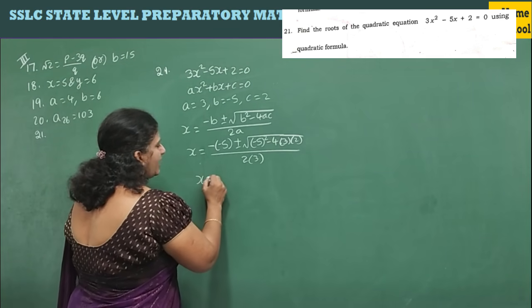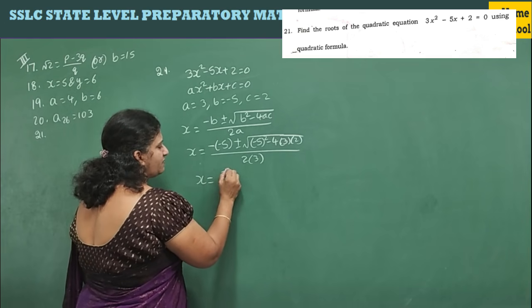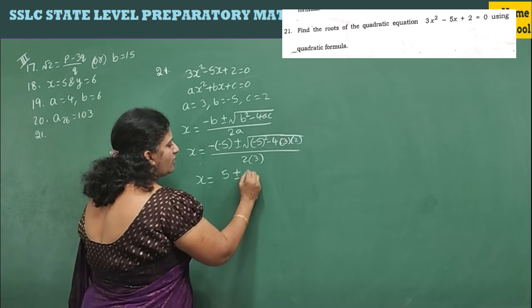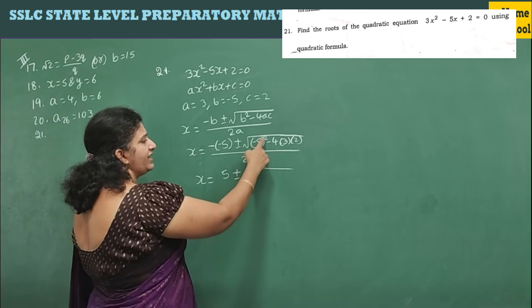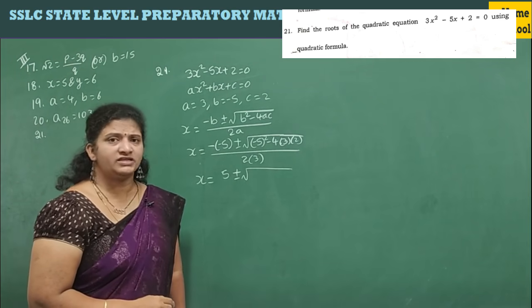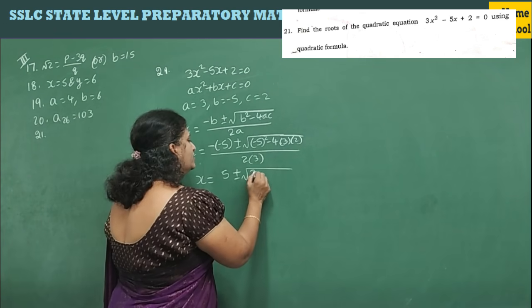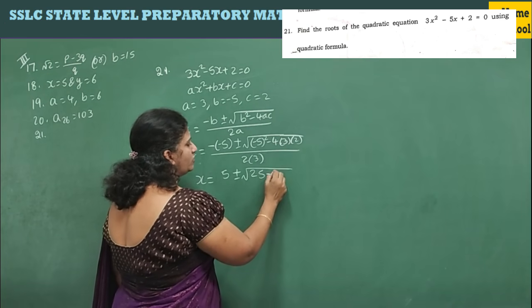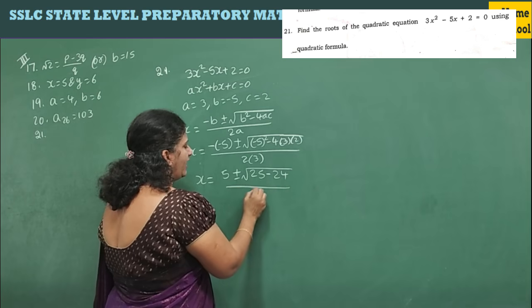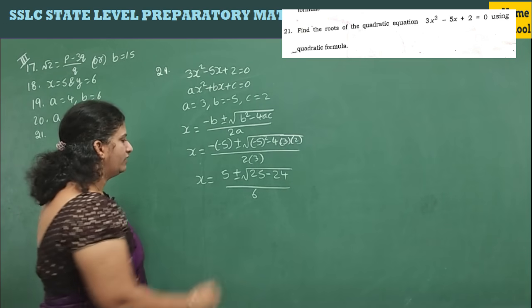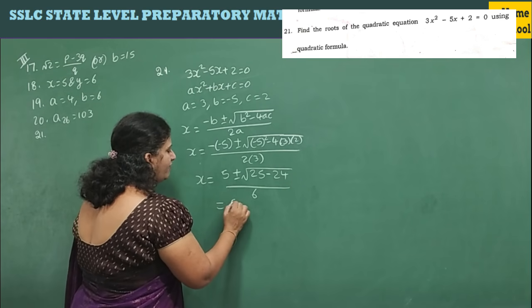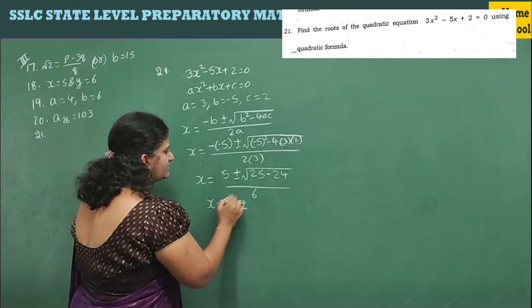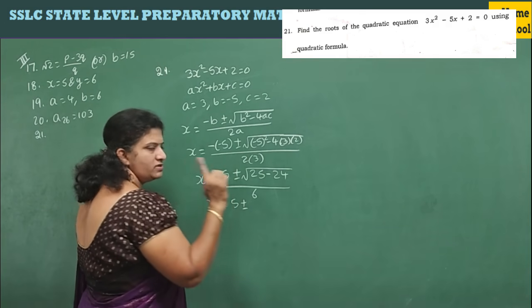That is x is equal to minus into minus plus 5, plus or minus square root of (minus 5) whole square, minus into minus plus 5 5s are 25, minus 4 3s are 12, 12 2s are 24, by 6. This is 5 plus or minus square root of 25 minus 24, which is 1.